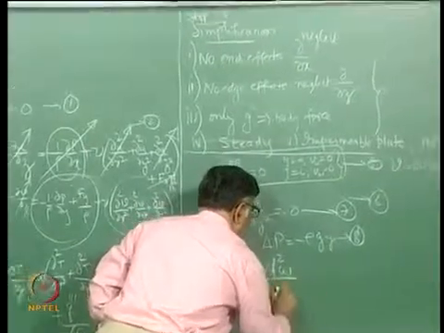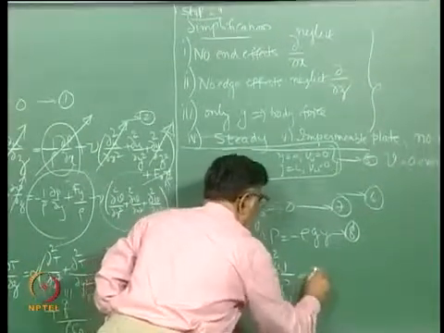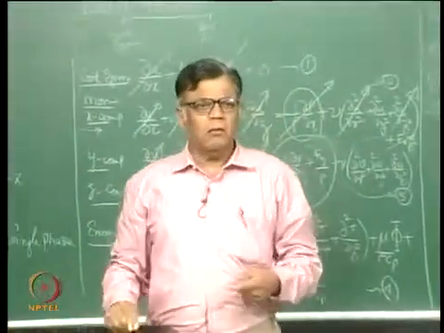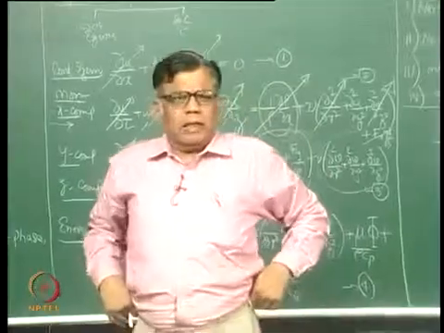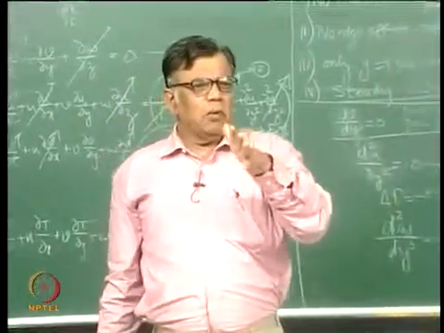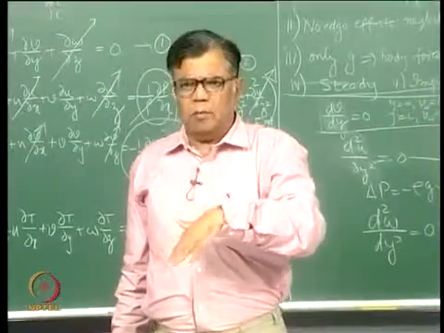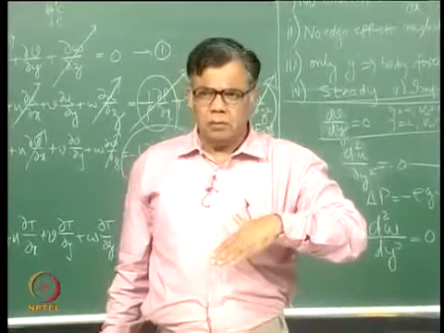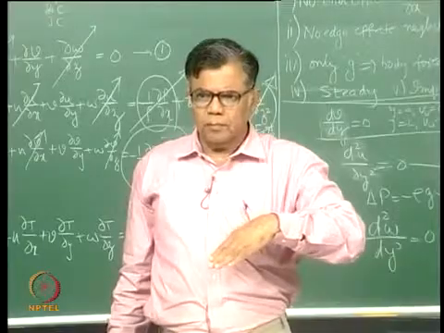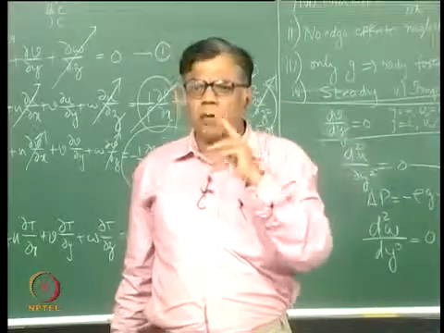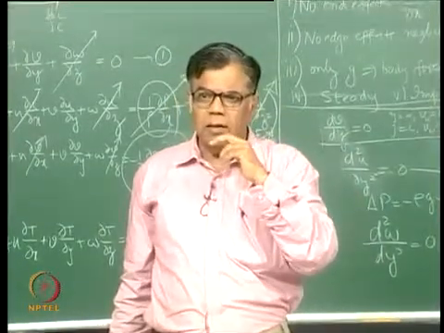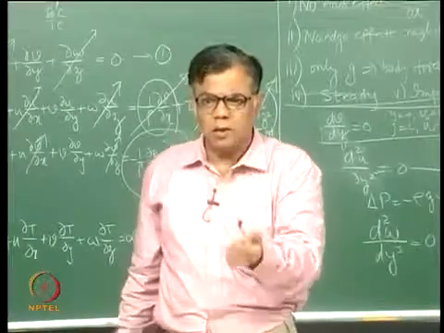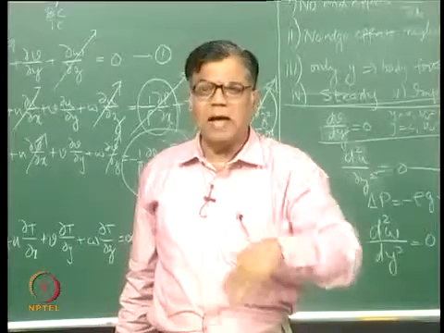Del square. Now invoke again the boundary condition. What is W at the wall? What is W at the bottom wall, and at the top? At y equal to 0, W equal to 0. At y equal to L, W is 0. So W is 0 everywhere.